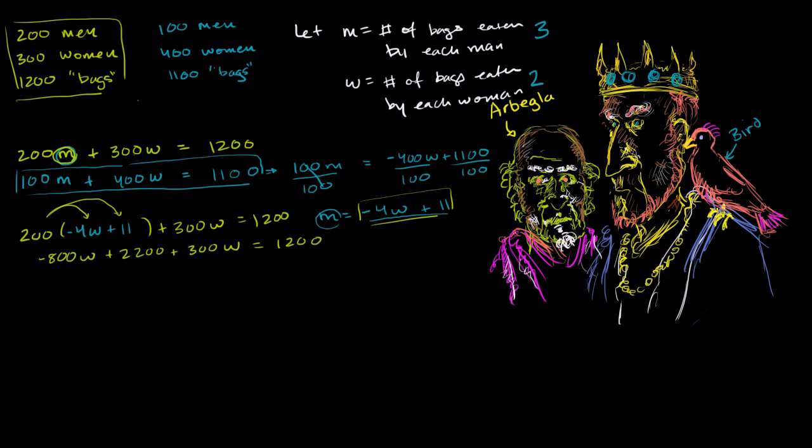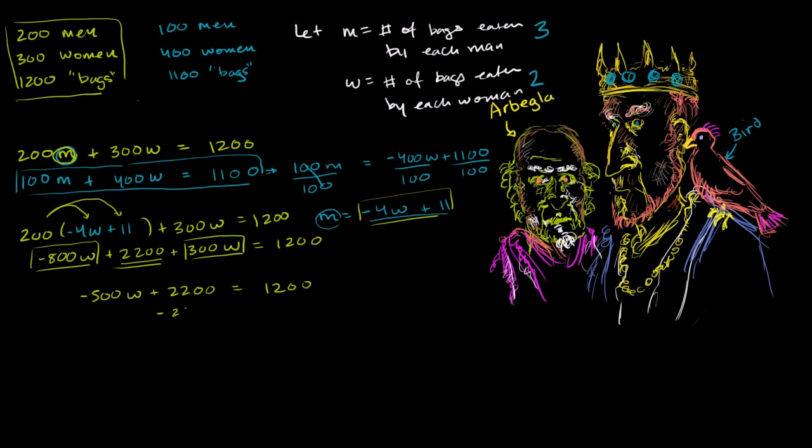Now we just need to solve for w. We first might want to group this negative 800w with this 300w. Negative 800 of something plus 300 of something is going to be negative 500w. And then we still have this plus 2200. Plus 2200 is equal to 1200. Now to solve for w, we'd want to subtract 2200 from both sides.